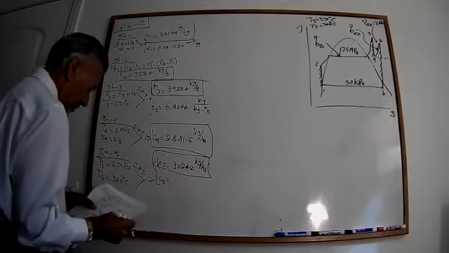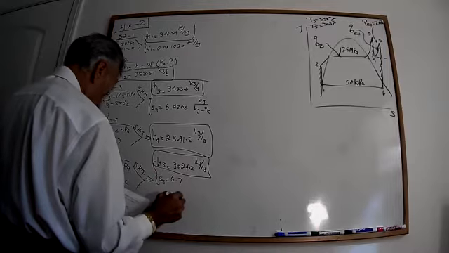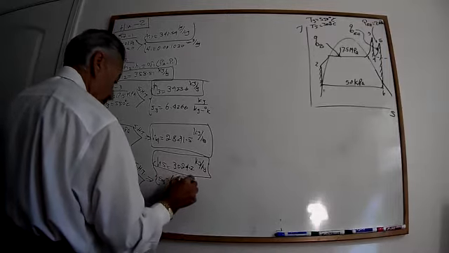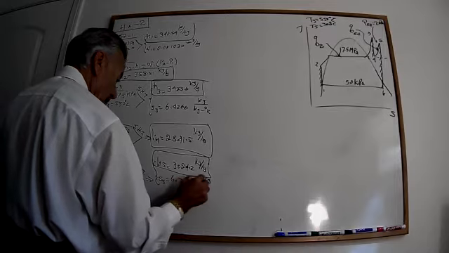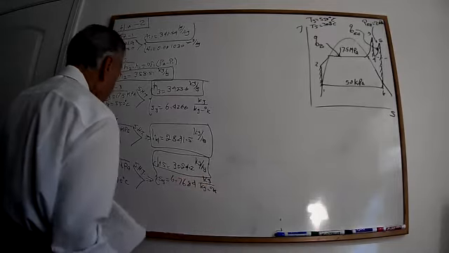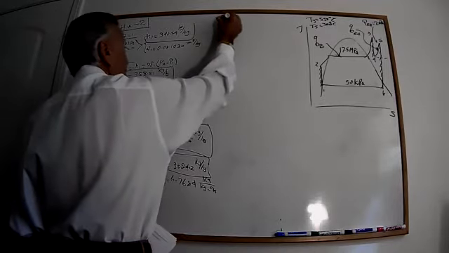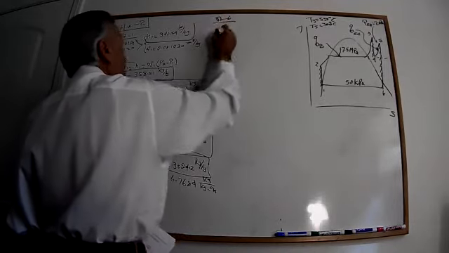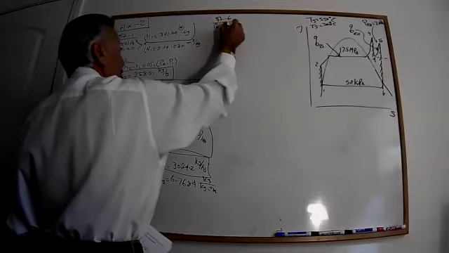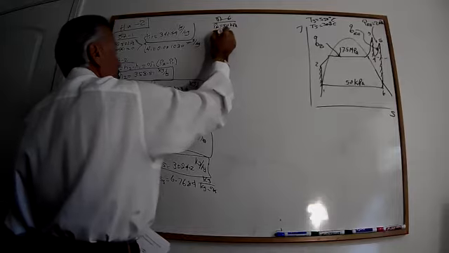And the value of S5 is 6.7684 kilojoule per kilogram degree Kelvin. At state 6, we have P6 equal to 50 kilopascal, and S6 is equal to S5.